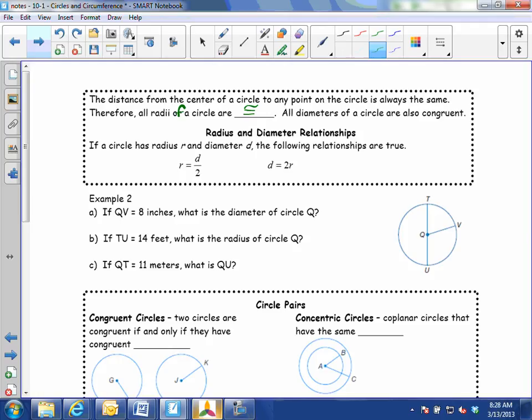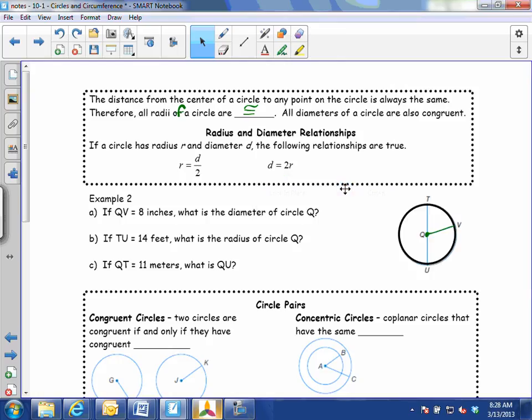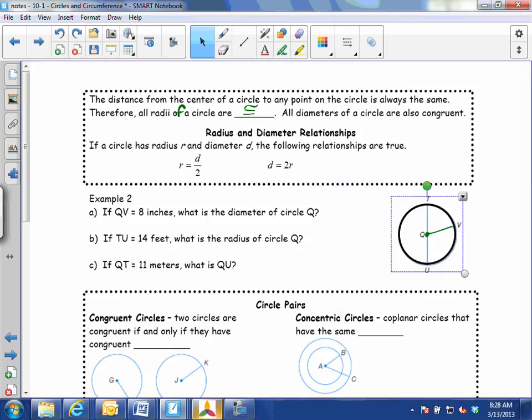In other words, if I have this circle and I've traced this radius, and I take it and turn it, notice that the radius is the same distance all the way around.